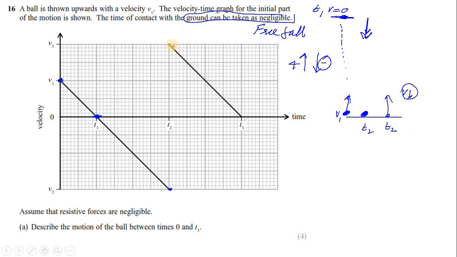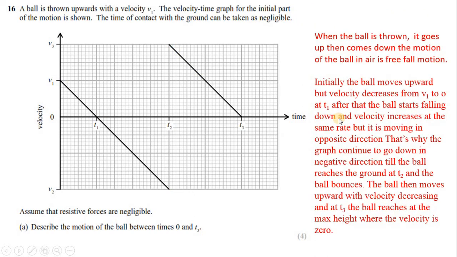This graph shows that the ball is going up, but velocity is decreasing and decreasing, and finally it reaches the height where again velocity becomes zero at t3. So that's the behavior of the bouncing ball that you need to explain in this answer. I hope you were with me. That's how you can write it.